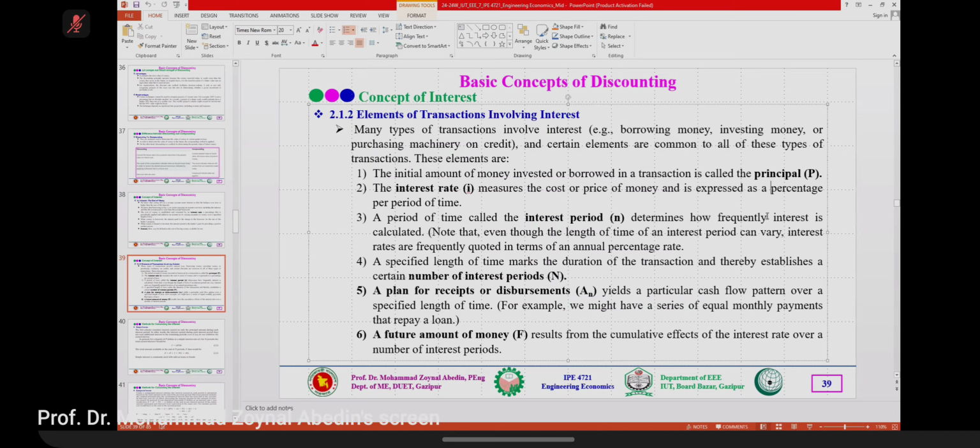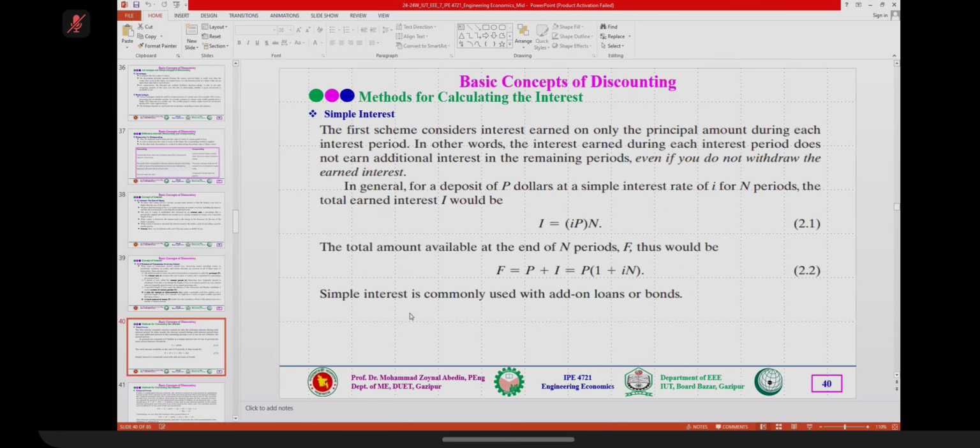As we have discussed about discounting and compounding, sometimes the unknown will be capital P, sometimes capital F. If you understand this carefully, then you will understand how the discounting and the compounding are calculated.